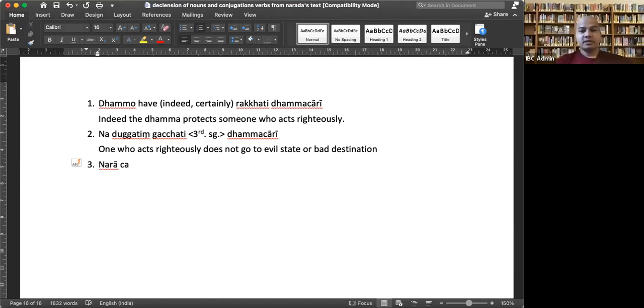Naracha, naryocha, punyam katva, sugatisu upajisanti. This sentence, right? Naracha naryocha punyam katva sugatisu upajisanti.